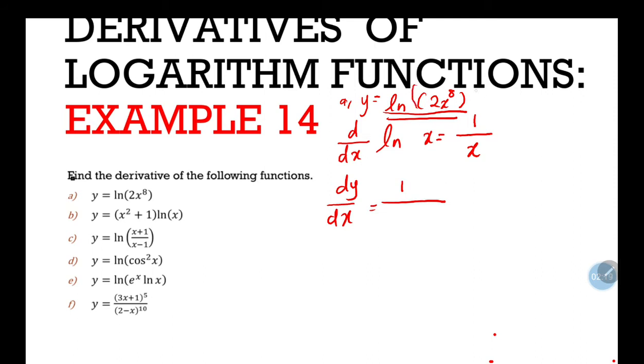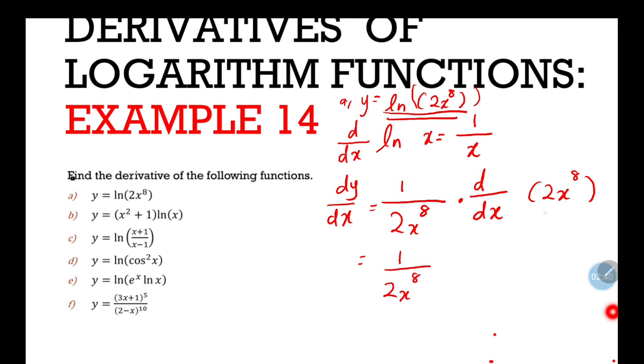in the bracket here, 1 over 2x to the power of 8, and don't forget to do the d/dx of whatever in the bracket. The d/dx of 2x to the power of 8 should be 16x to the power of 7.